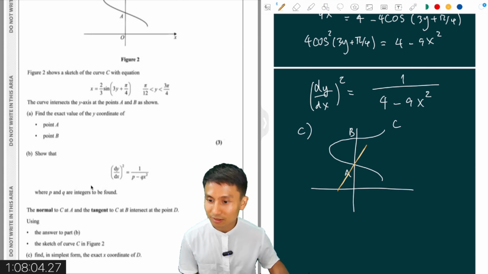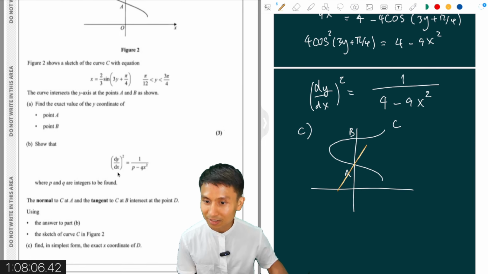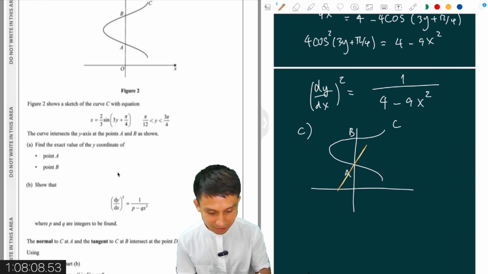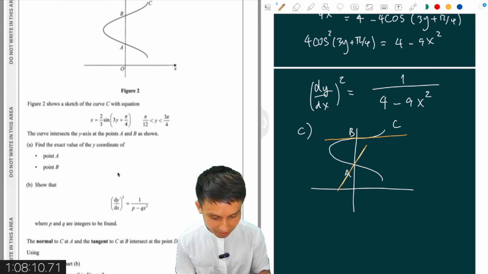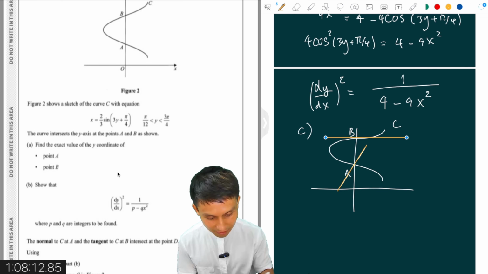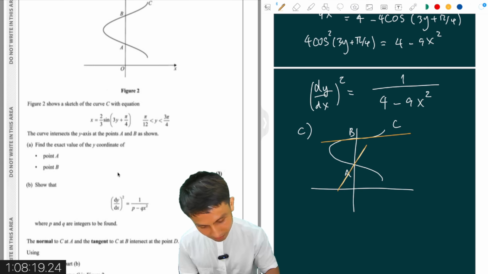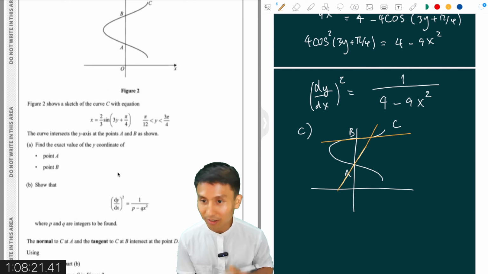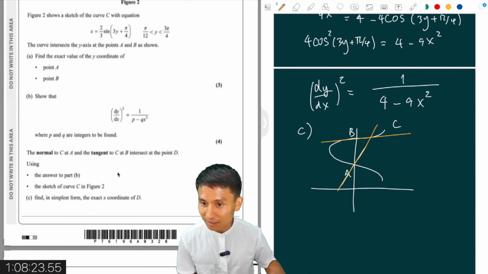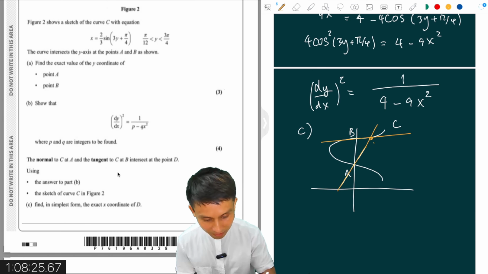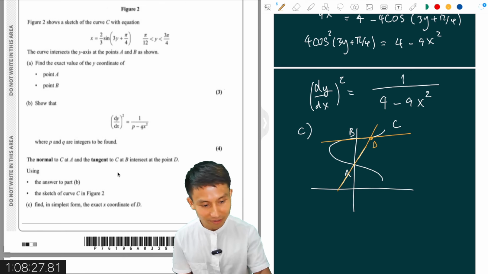And then tangent to C at B. The tangent looks like this. Okay, here we go. They intersect at point D, so around here. Let's hope that's not on the curve.